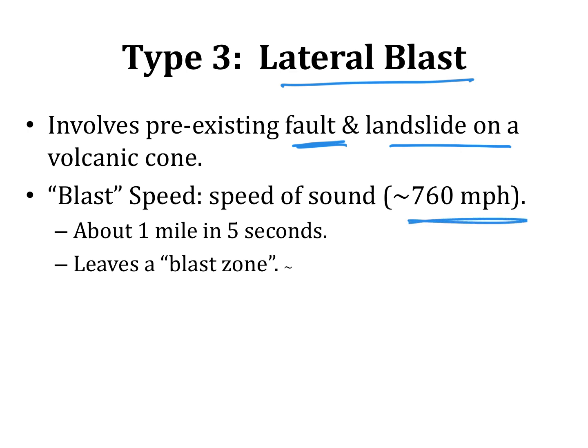So 760 miles per hour is the speed of sound, but we're not talking about moving 760 miles. That blast can cover 1 mile in about 5 seconds. This also leaves a blast zone, as you'll see in some photos we'll look at for Mount St. Helens.